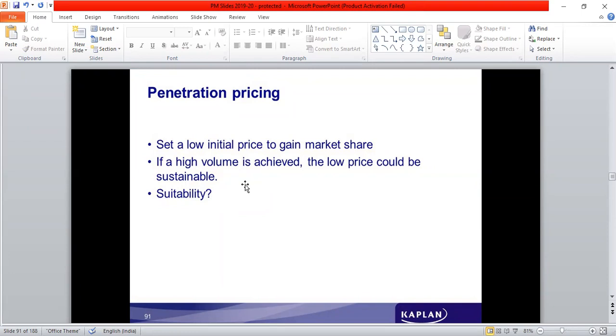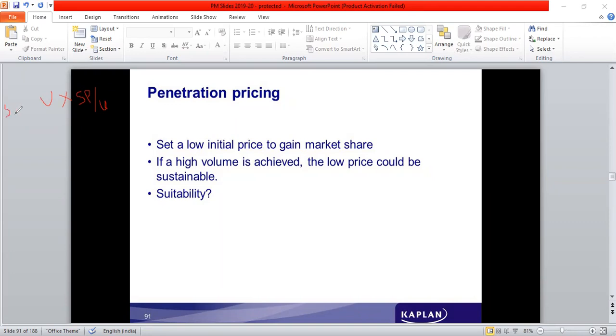See, the sales value can be calculated as number of units into selling price. So if the selling price per unit is very low, they will have to have a strategy of selling more number of units. Unless they are intended to enter into the market and capture the market thoroughly, it is not possible.